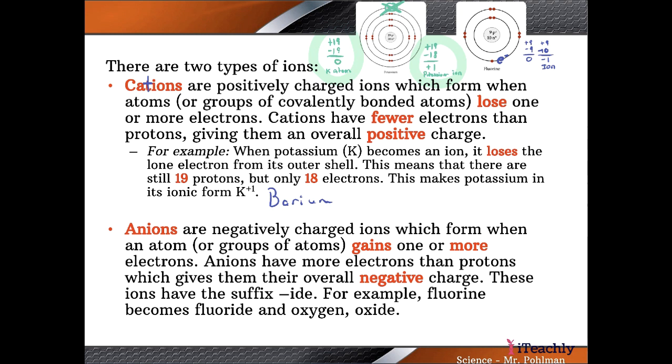So fluorine up top, fluorine, we gained an electron. How do I know that we formed, let's say lithium and fluorine, they combine together? If lithium and fluorine combine together, lithium is going to give away its electron to fluorine. How do you know? You don't say lithium fluorine because those are just two atoms.